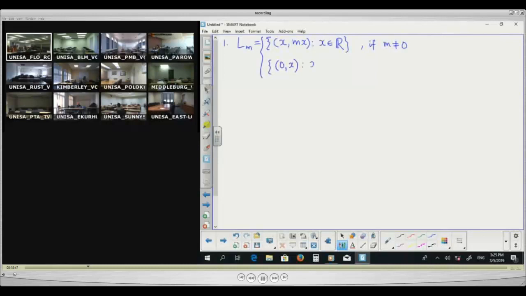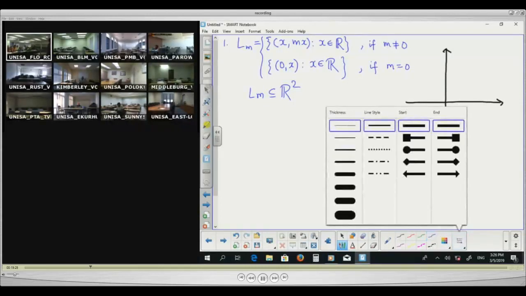Okay? Each one of them, or if you want to draw a picture, it looks like this. And this line is a, the y-axis. Okay, so what is m? m is actually the slope. Okay, m is actually the slope.